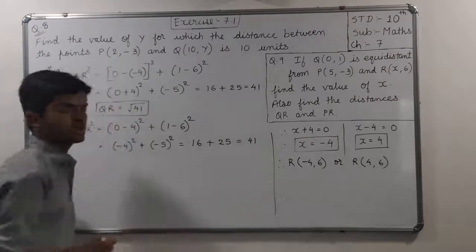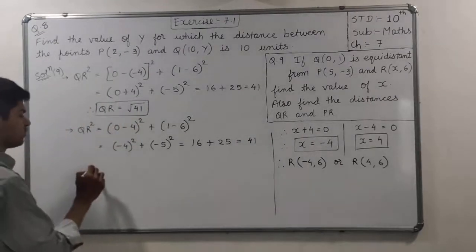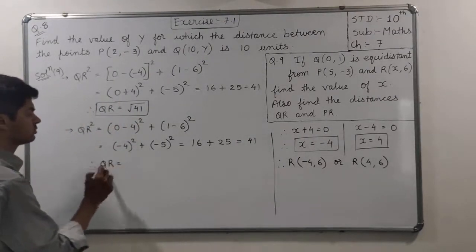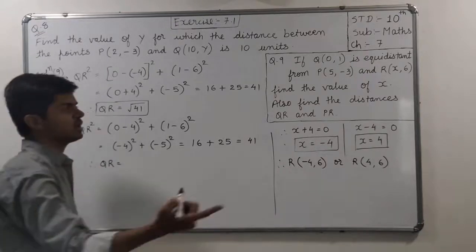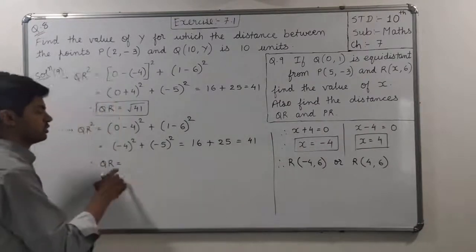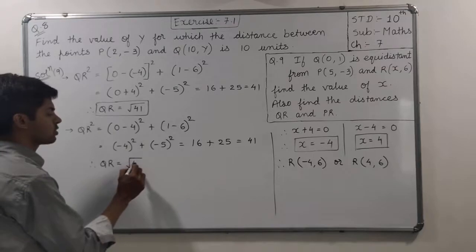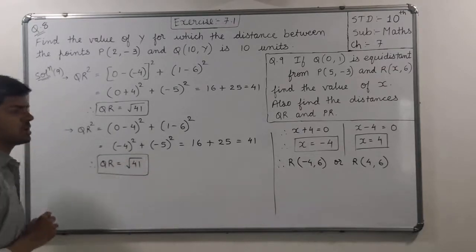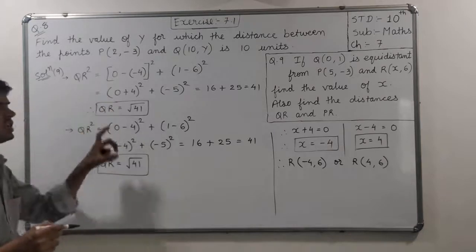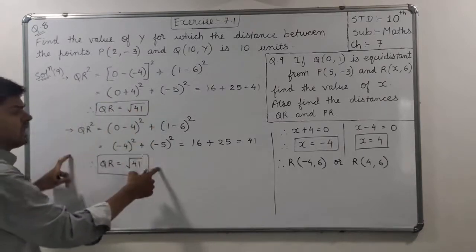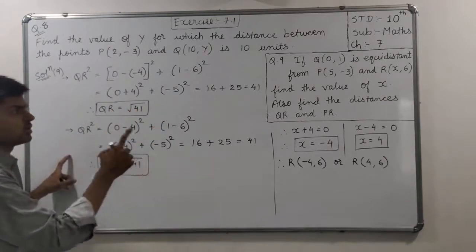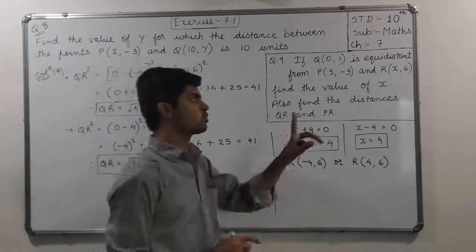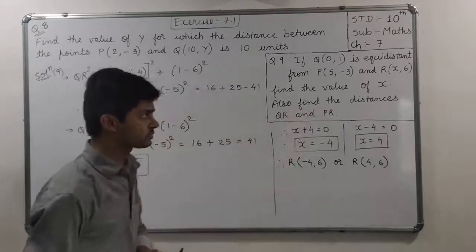If you add, you will get 41. So therefore, we need to find only QR, not QR square. So QR means root 41. Understood? The same answer came.